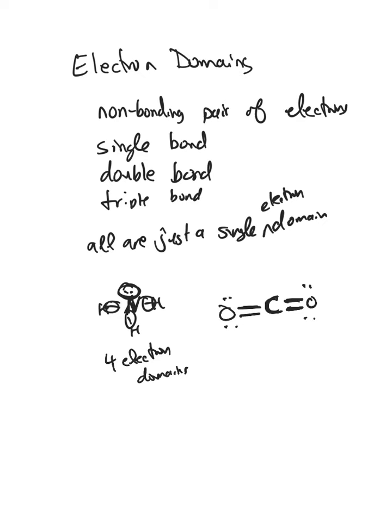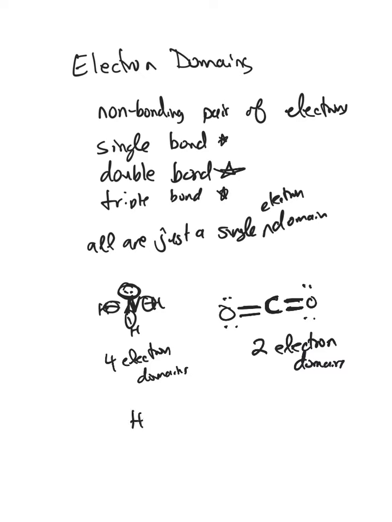And yes, that may be 4 pairs of electrons, or 8 electrons in all, but this only counts as 2 electron domains. Because a double bond only counts as a single electron domain, just as a single bond or a triple bond. It may take up more volume around that central atom, but each of those is still just a single electron domain.